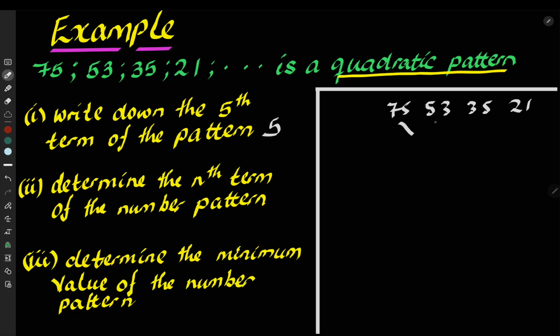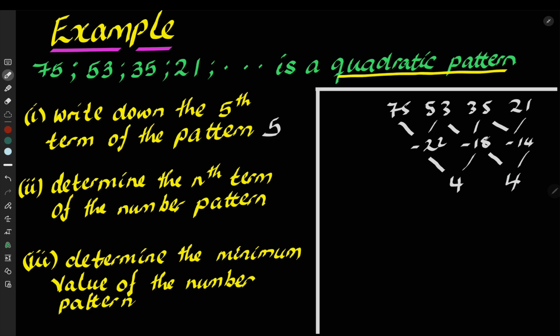We said the first difference was negative 22, here it was negative 18, and here it was negative 14. Then if we find the second difference, we can see that the second difference will be 4: negative 18 minus negative 22 is positive 4, and also negative 14 minus negative 18 is positive 4.